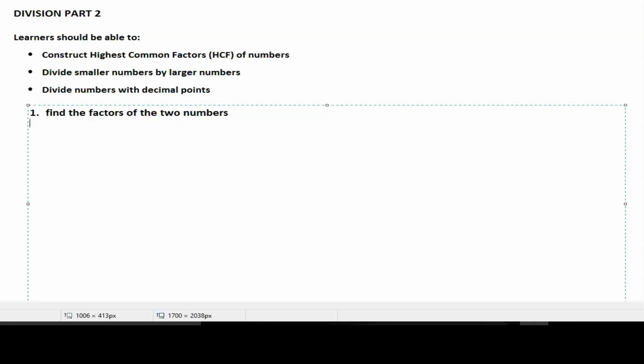After that, the second thing to do is to bring out the highest common factor from the list of factors.